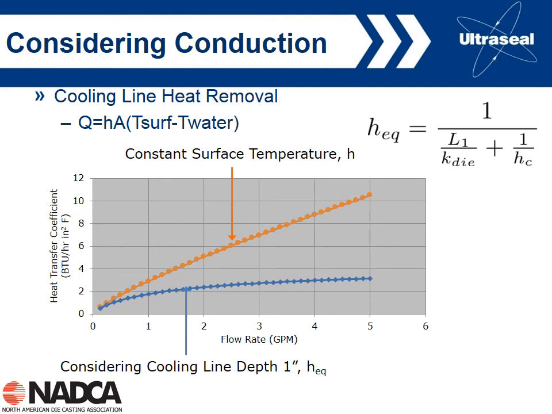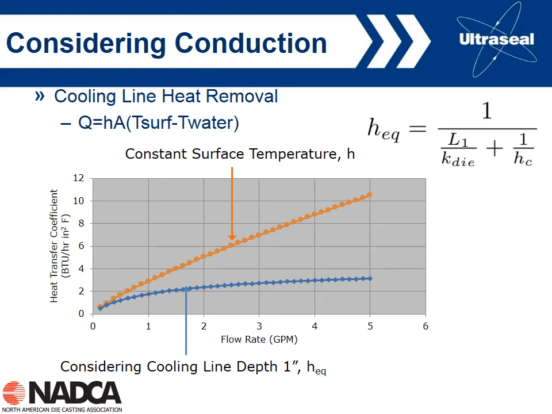So the orange line shown here shows the ideal amount of heat that I can pull out of the die with a 3/8 inch diameter water line, while the blue line shows what happens when I put the water line 1 inch back from the die face. So basically 1 inch back, you have a big impact upon the heat transfer.